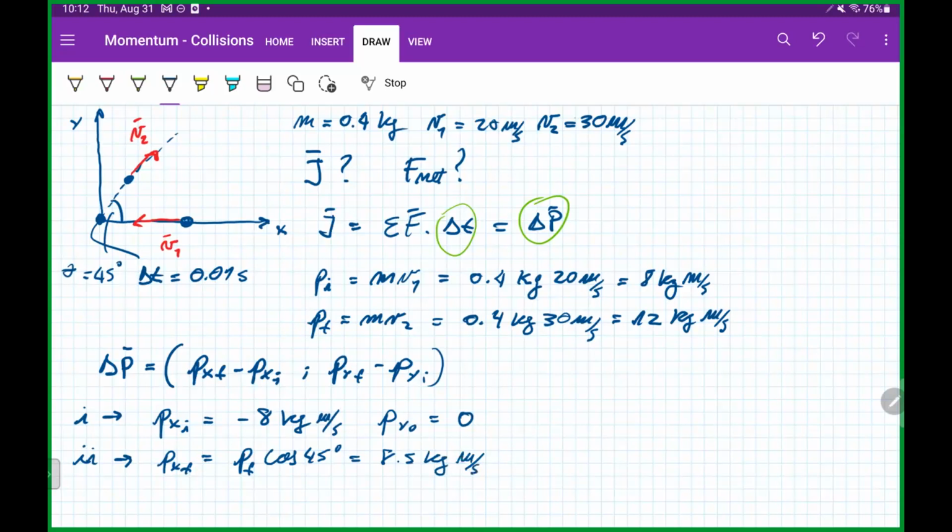Why is it cosine of 45? Basically, because we are projecting this here. We have both components of the momentum. And same thing for Py final. So this would be P final sine of 45.